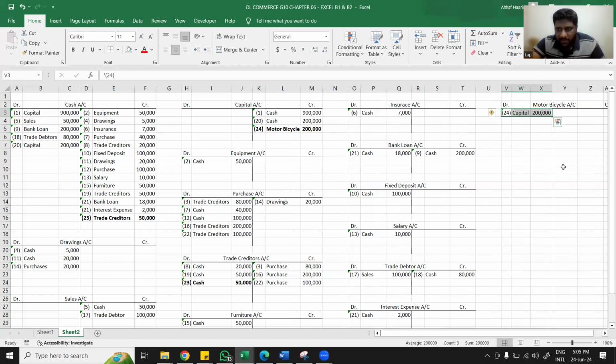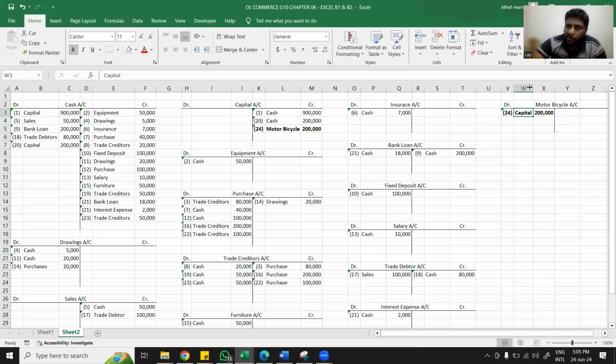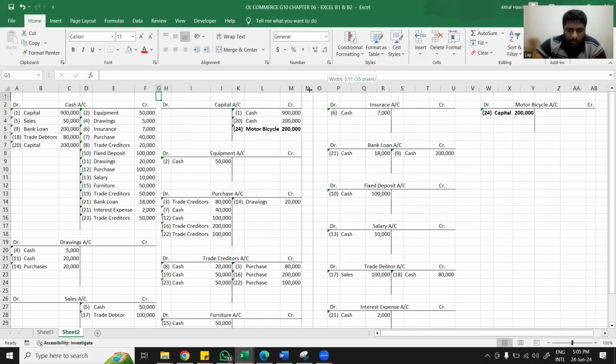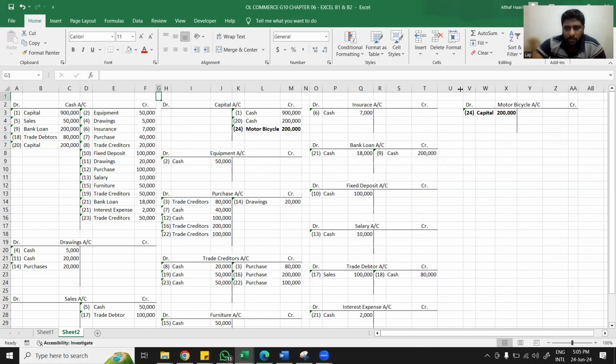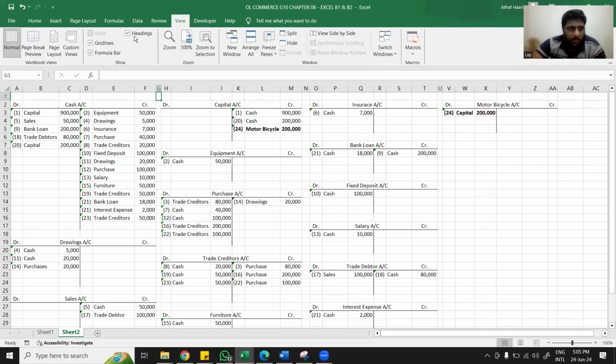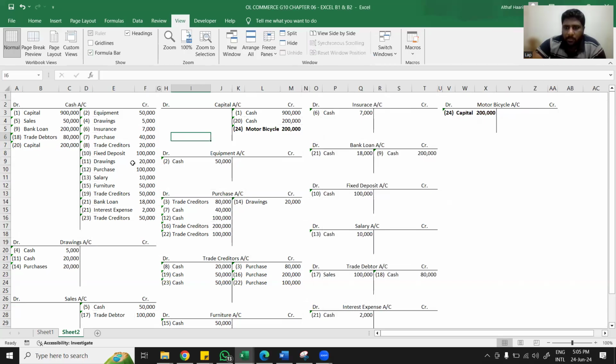Motor bicycle account debit, capital account credit.